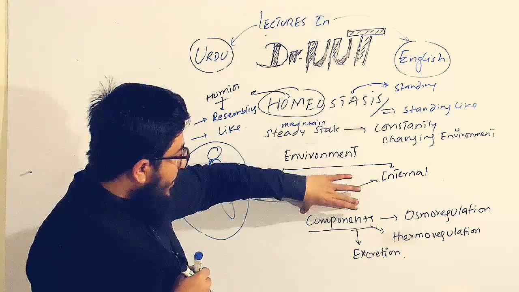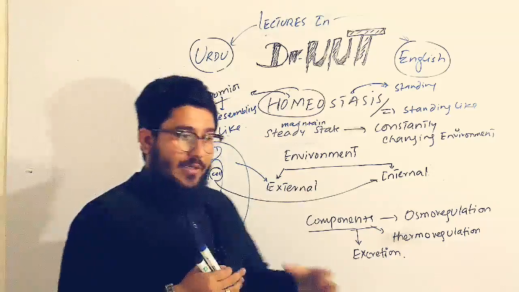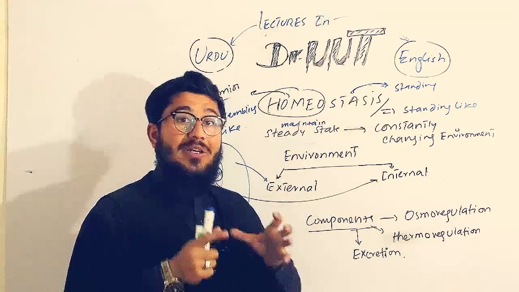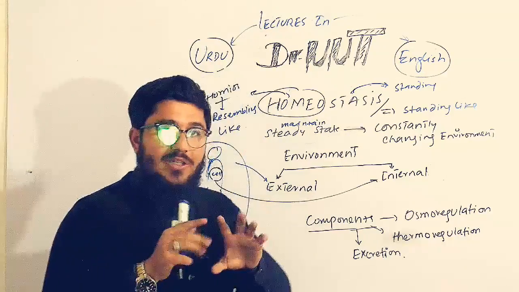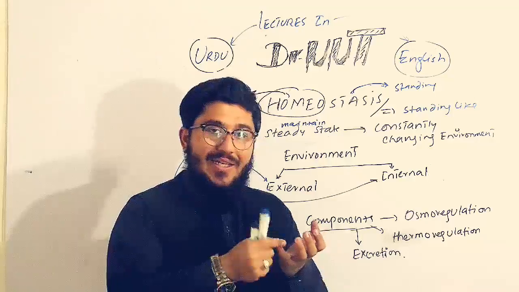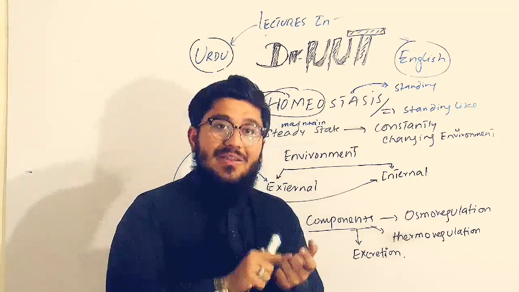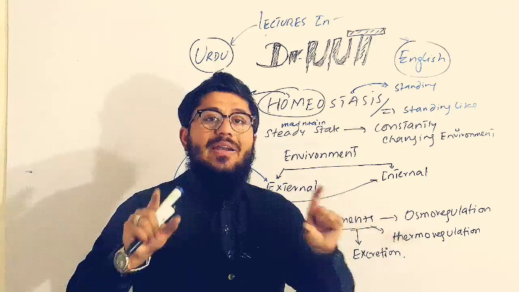We have components of homeostasis that play a role in the living body to maintain a constant state. Living bodies are on the earth for one reason: they are eating, drinking, and breathing. If they are not doing these things, they cannot live.